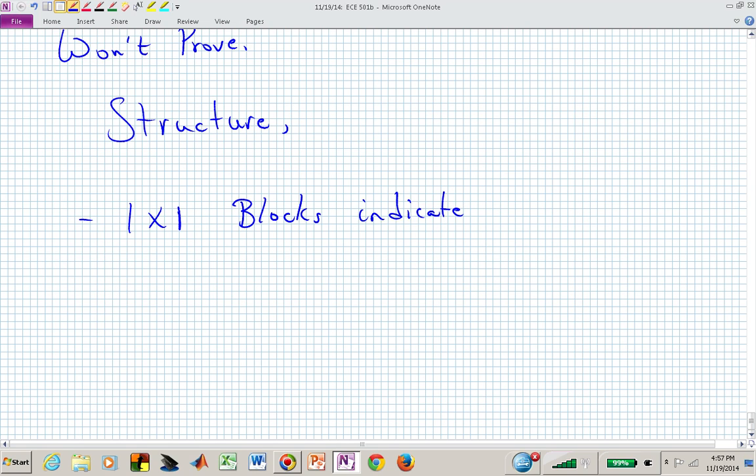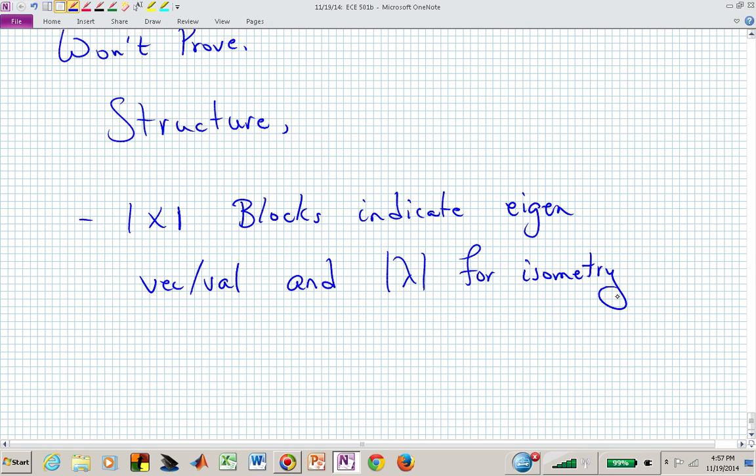That indicate these eigenvector eigenvalues, and lambda for an isometry, or the magnitude of lambda for an isometry, is 1.